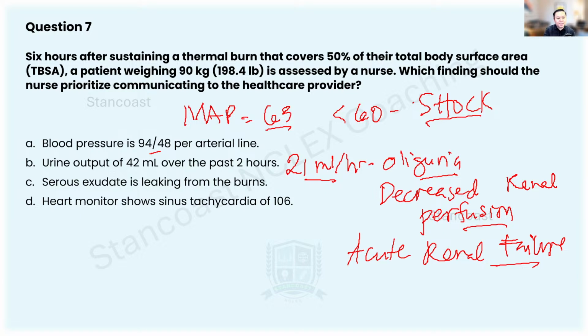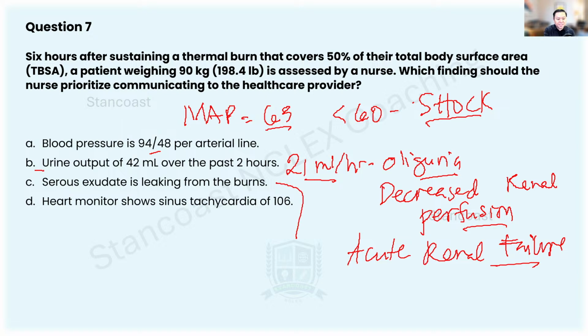Now, take a look into letter C. Serous exudate is leaking from the burns. What do you think about serous exudate? Is that expected? It is an expected finding in the immediate phase of the burn. And so what we're going to need to do here is to address the wound, but it's not going to require as immediate an intervention compared to the patient's urinary output.